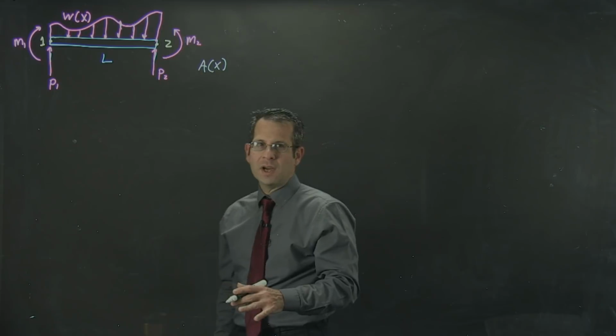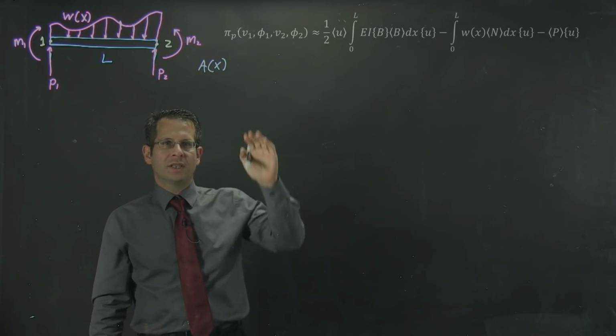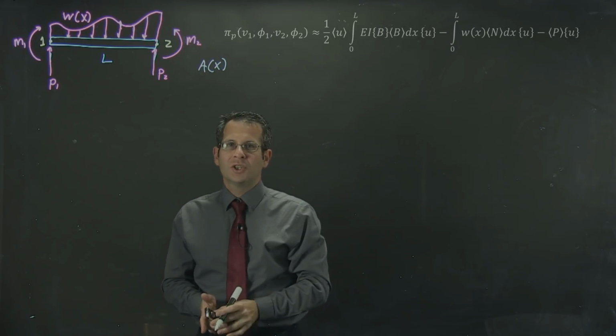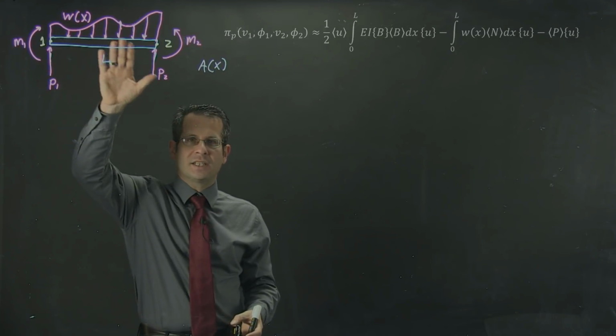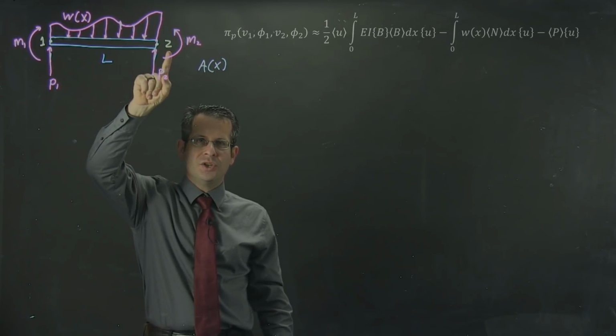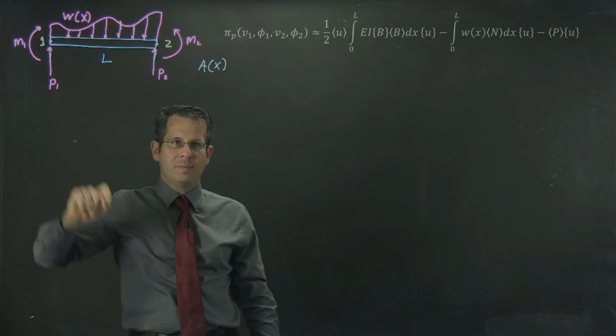In the last video, we derived this approximate equation for the total potential energy stored in a system such as this, a beam undergoing strain due to the application of forces and moments along the length of the beam.